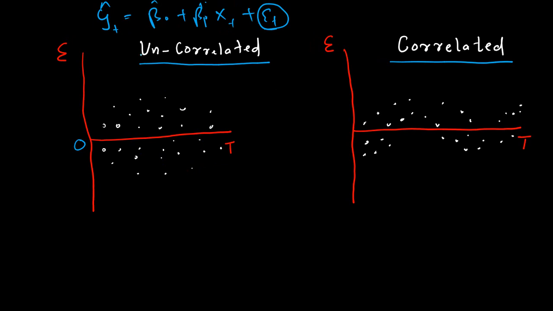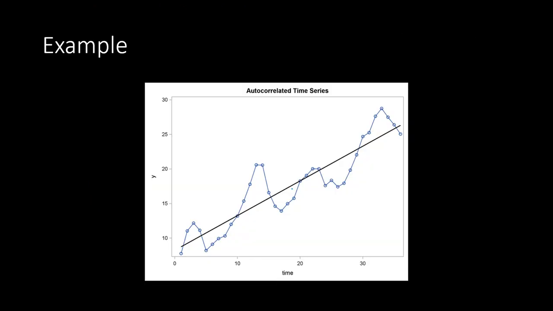In such cases, we say that the error terms are uncorrelated and there is no pattern in the error terms. Whereas if the error terms are correlated, you will find some sort of a pattern. Now in this case, you can see the error terms have some sort of a pattern. It is growing and then it comes down and then it goes again. And that's a typical case that you can find out graphically or just by plotting it out. But there are statistical ways to find that also, and we'll see that.